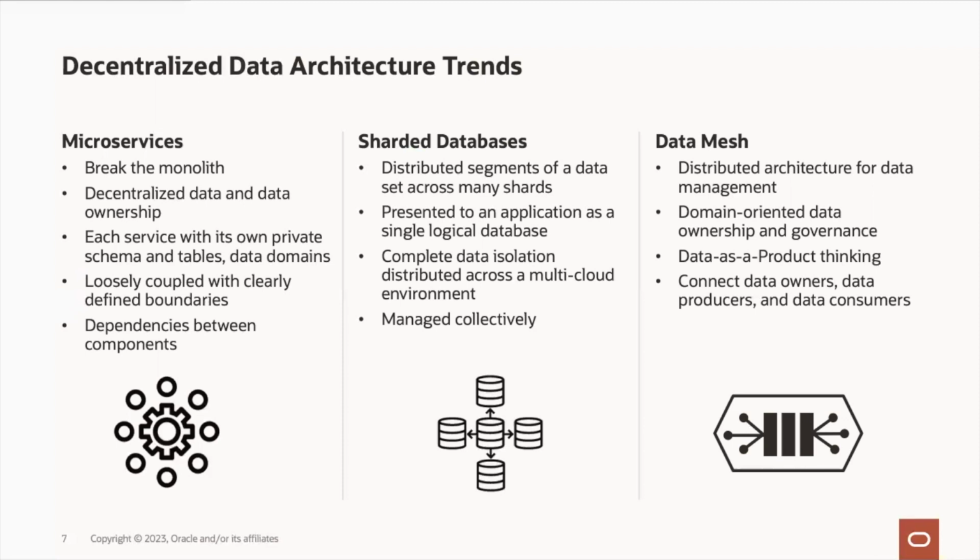And with data mesh architectures, data management is distributed based on domain-oriented data ownership and governance rather than in a single centrally managed data source. So next we'll be looking into specific Oracle database features that simplify decentralized application development techniques.